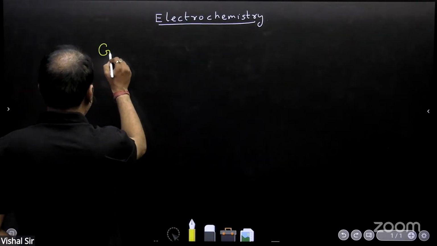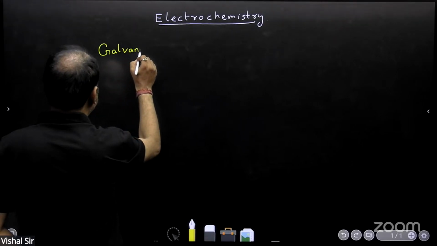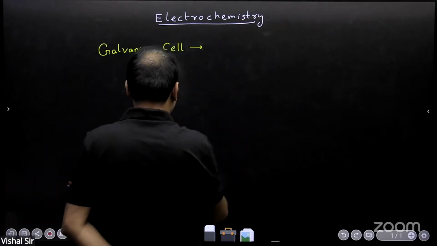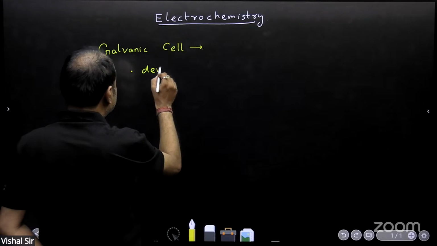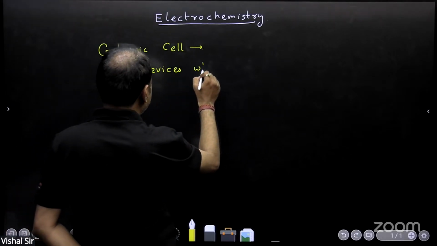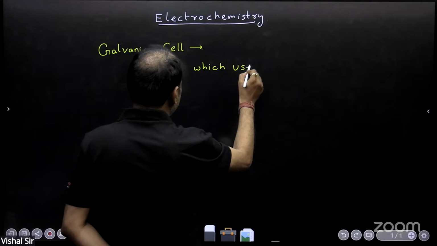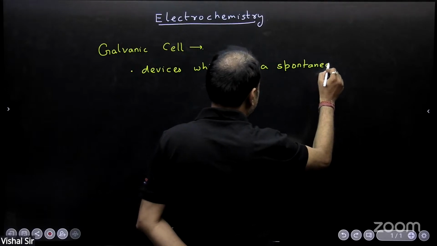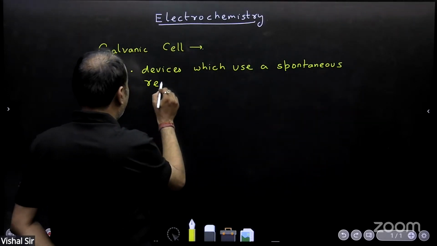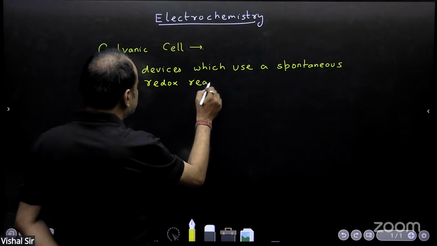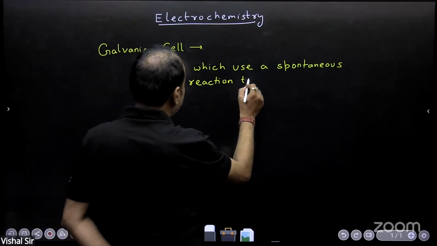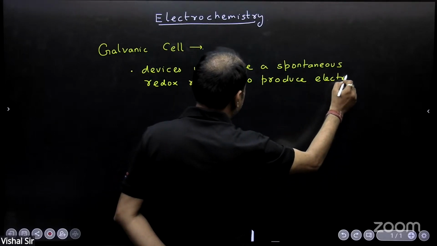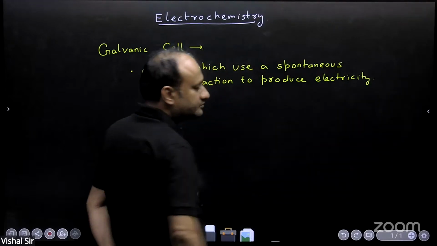So first of all, what are galvanic cells? These are devices which use a spontaneous redox reaction to produce electricity.